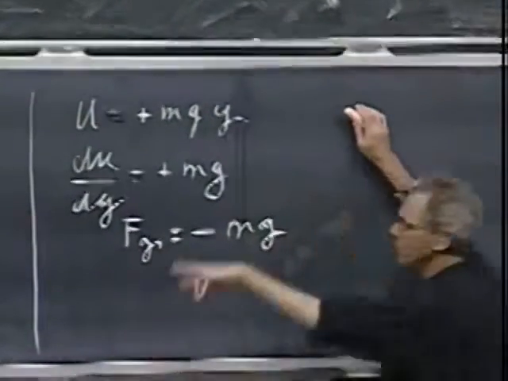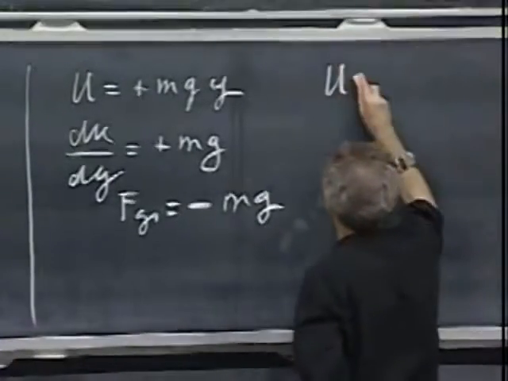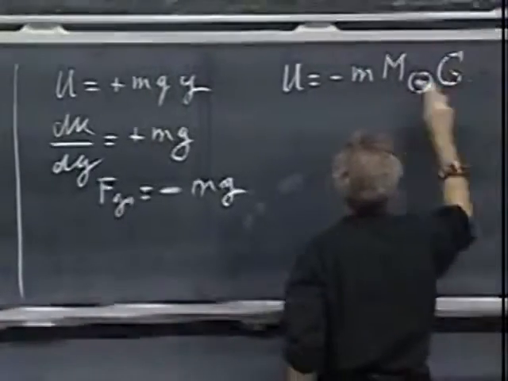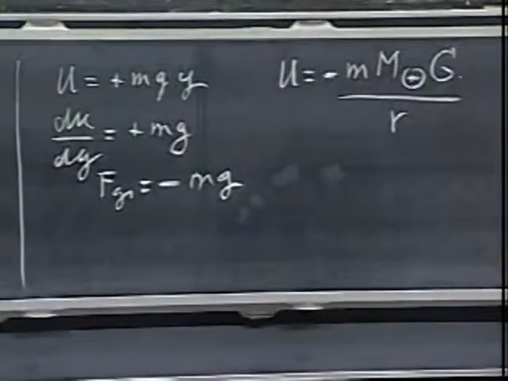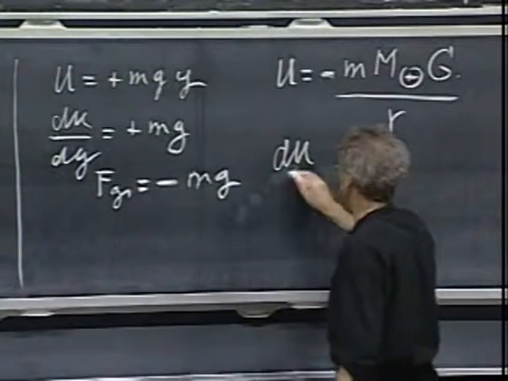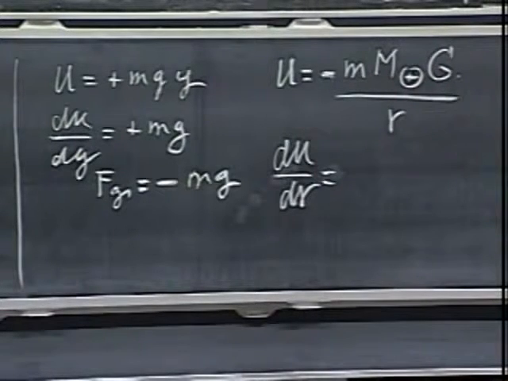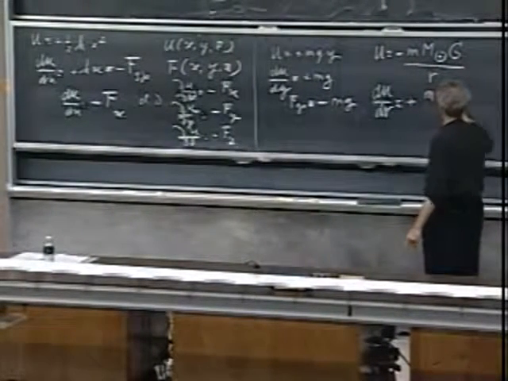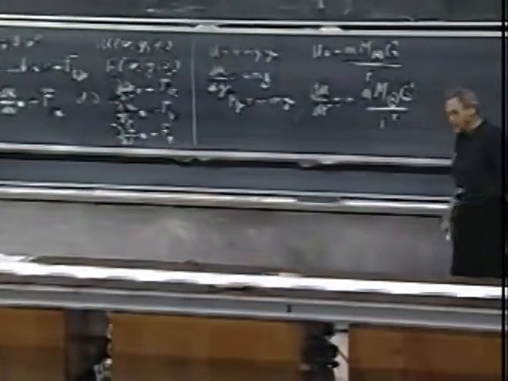Now we take the situation that we are not near Earth. We have U equals minus m_Earth G divided by r. There's only an r here. So dU/dr: the derivative of 1 over r is minus 1 over r squared. The minus sign eats up this minus sign, so I get plus m_Earth G divided by r squared.